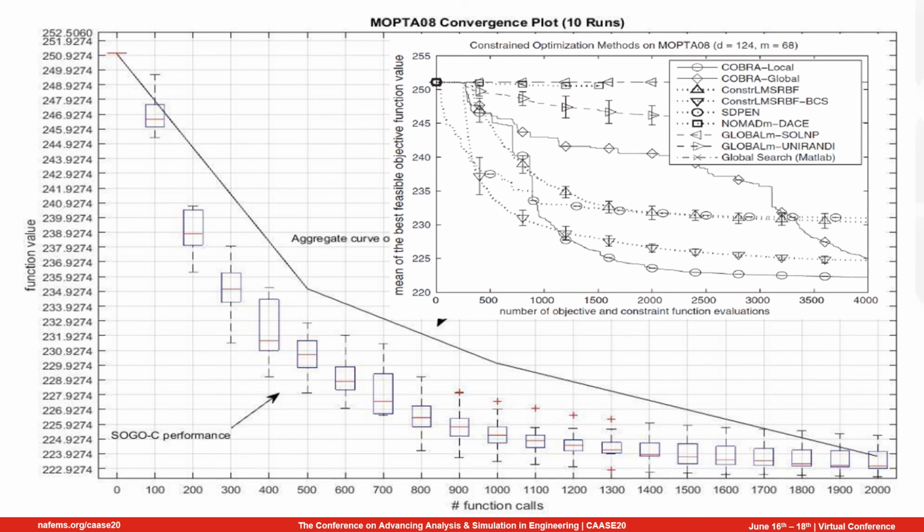You can see the median values are always lower than the aggregate curve throughout the iterations. And this is a 124 input variable, 68 constraint car body minimization problem.